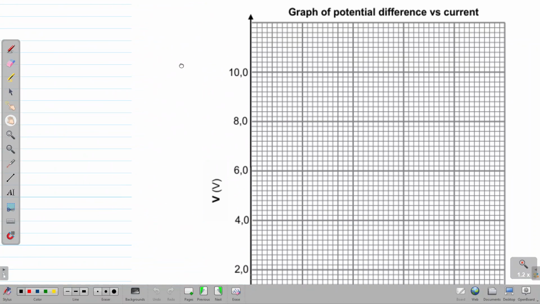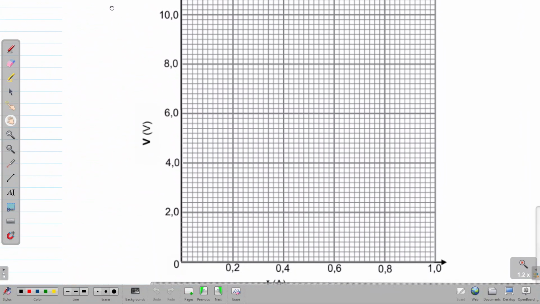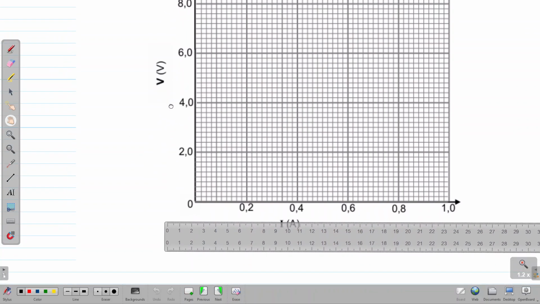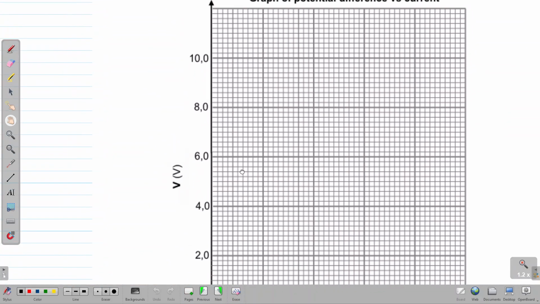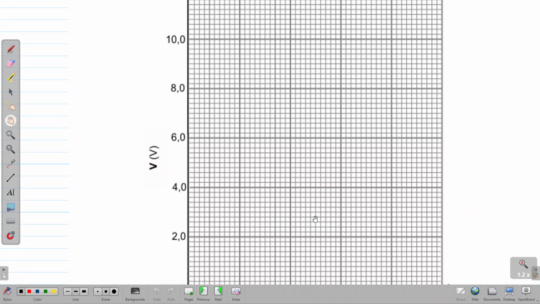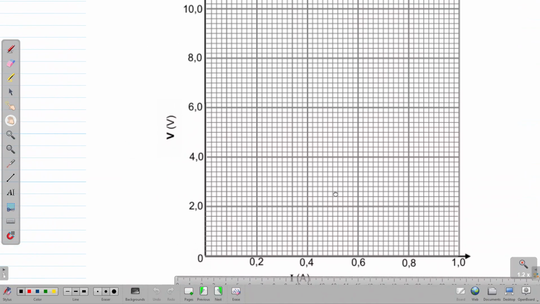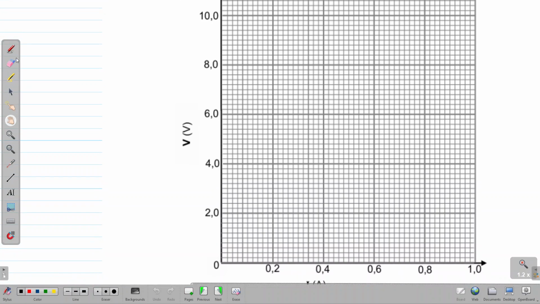You are provided the graph paper, so this is voltage on the y-axis and current on the x-axis. We will plot here, and then we will draw the line of best fit. Then we can use extrapolation to determine the EMF, and then use the gradient to determine the internal resistance.